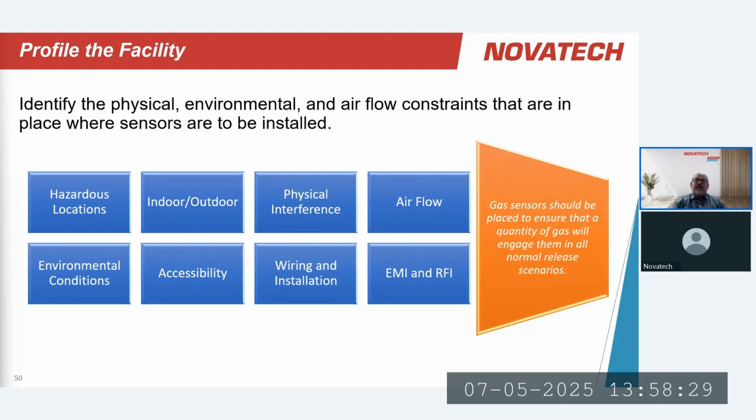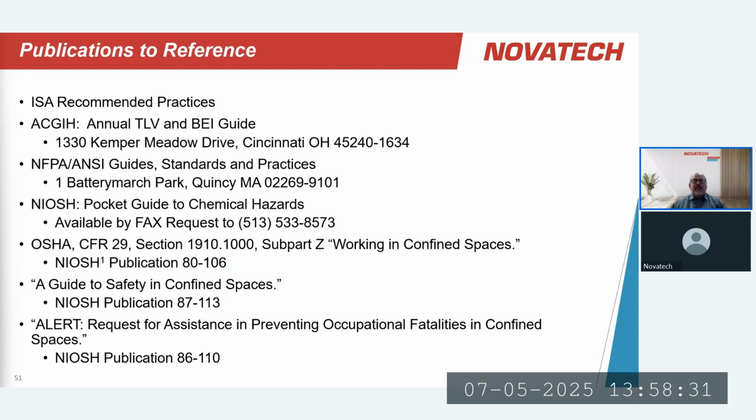And finally, just as a reference, there are publications that give guidelines or some sense of direction for how we can deal with these types of things in terms of potentially limits, practices of how to install things and things of that nature. I've left them here, and of course, you're more than welcome. We will provide the presentation for you at the end so that you can refer to these.